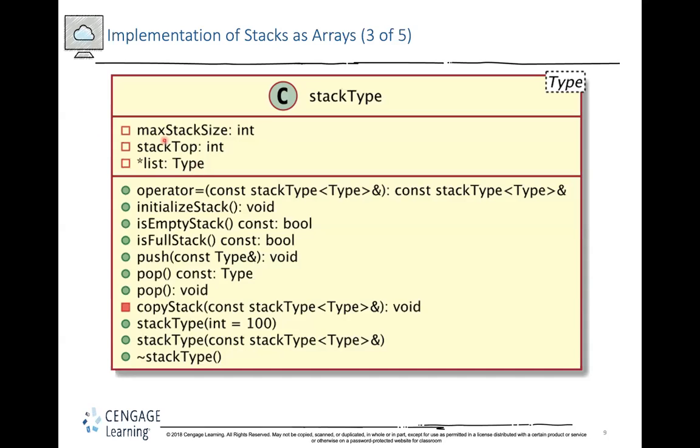So we want to maintain a couple of variables. We want to know the size of the stack. Essentially, that is the size of the backing array that's used to store the elements. And then we'll need to keep track of where the top of the stack is, which is just the index of the array.